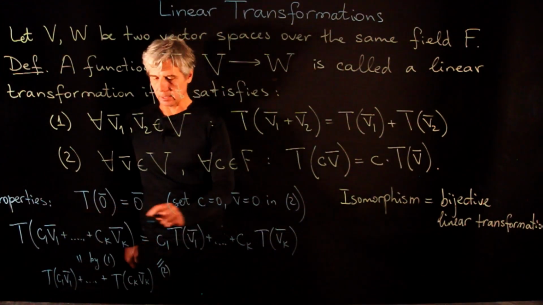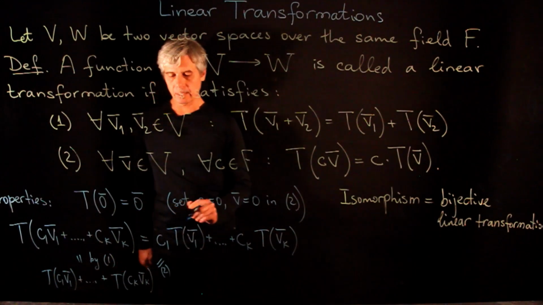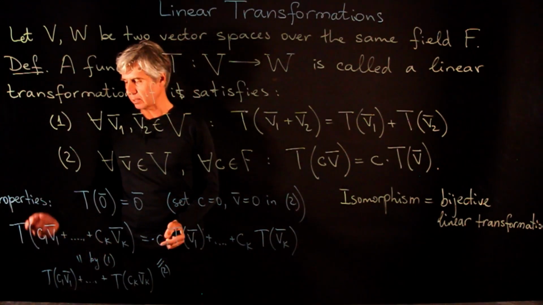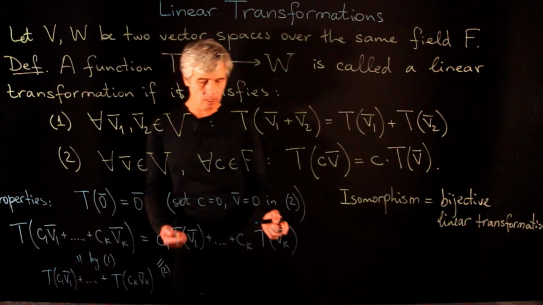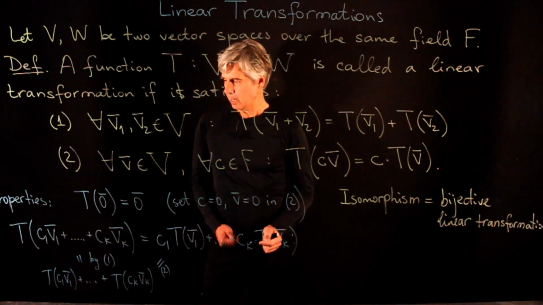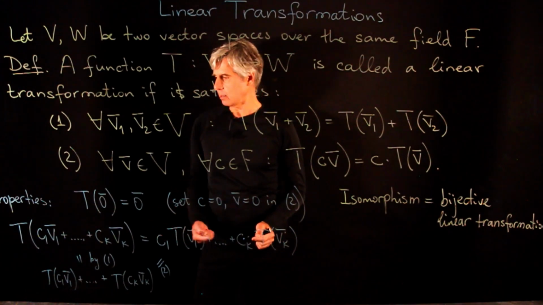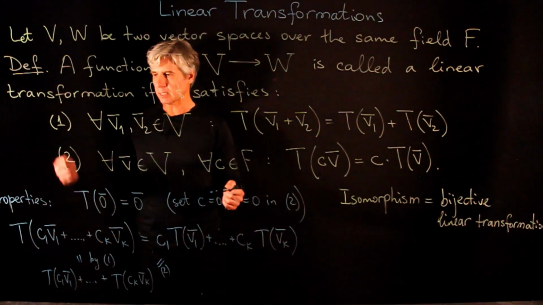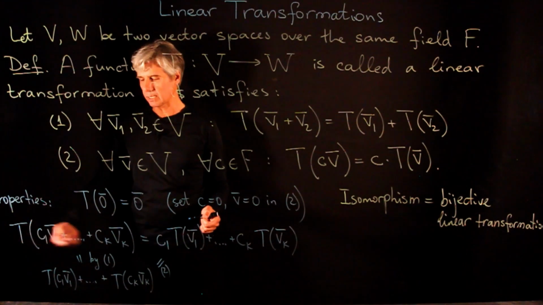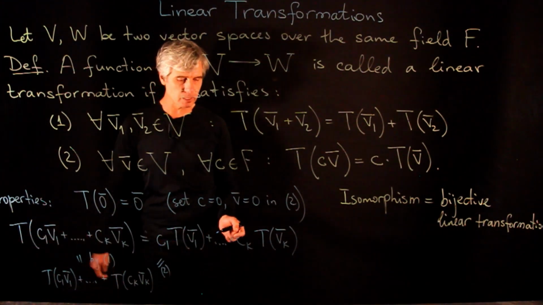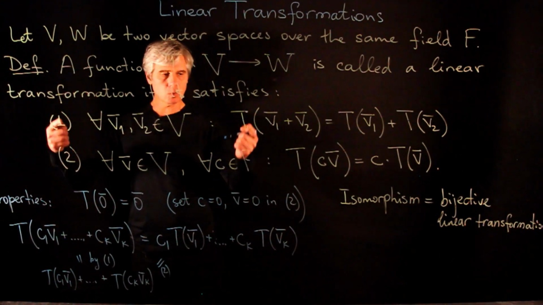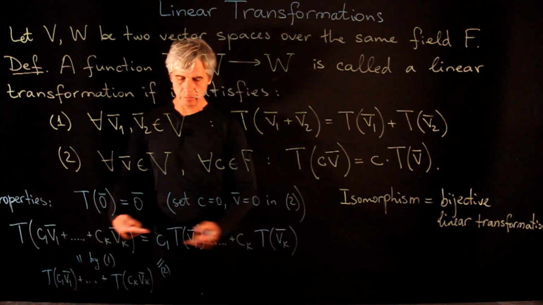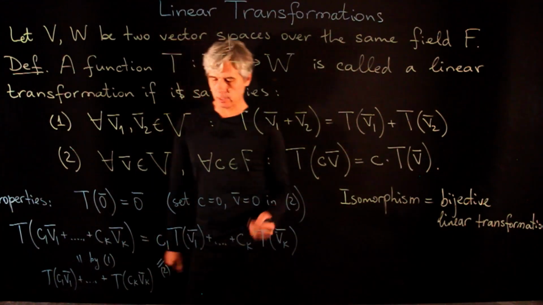And we obtain then this equality. And so this means that a linear transformation transforms linear combinations into linear combinations. And so in fact, 1 and 2 are special cases of this property. And so one can replace these two properties with a single but slightly more complicated property.